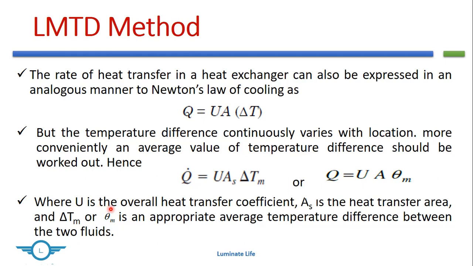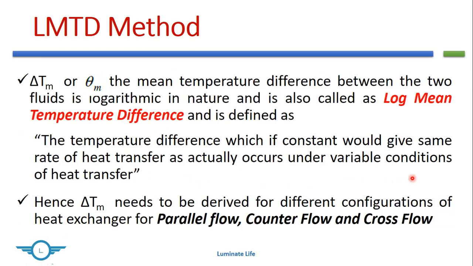Here the U is the overall heat transfer coefficient, As is the heat transfer area, and delta Tm or theta m is the appropriate average temperature difference between the two fluids. Now this delta Tm or theta m was found to be logarithmic in nature, and we called it the log mean temperature difference.